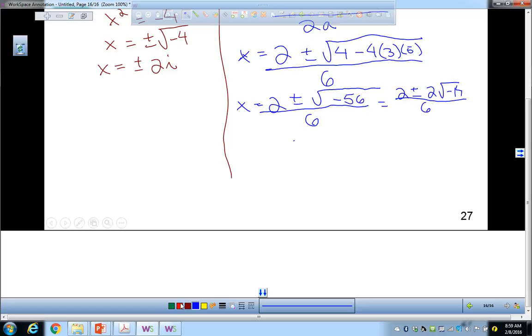So you're allowed to factor out a 2 and turn this into a 3, turn that into a 1, get rid of that, turn that into a 1. So you get x equals 1 plus or minus square root of 14i divided by 3. Okay?